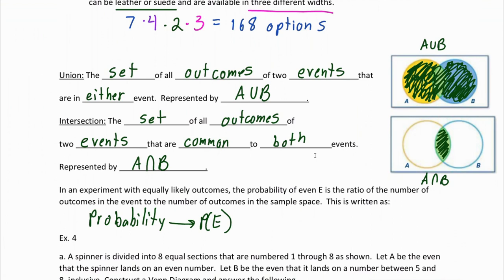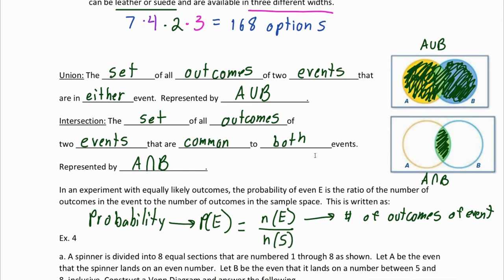So the probability that something happens is the number of outcomes of the event over the number of outcomes in the sample space, or we can say the number of outcomes possible.